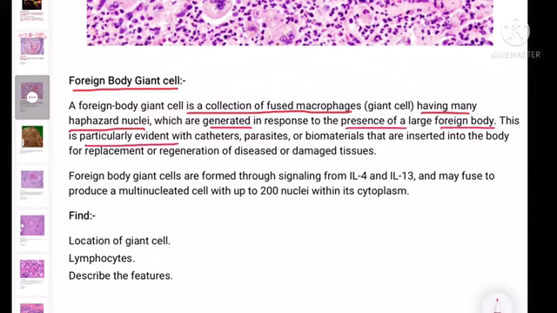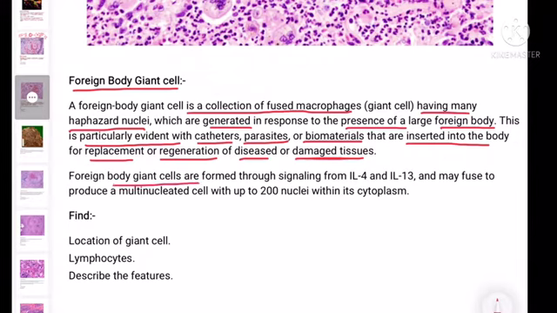This is particularly evident with catheters, parasites or biomaterials that are inserted into the body for the replacement or regeneration of diseased or damaged tissues. So this type of giant cell can usually be seen in conditions when foreign bodies are inserted or get into the body because of some trauma or other reasons.